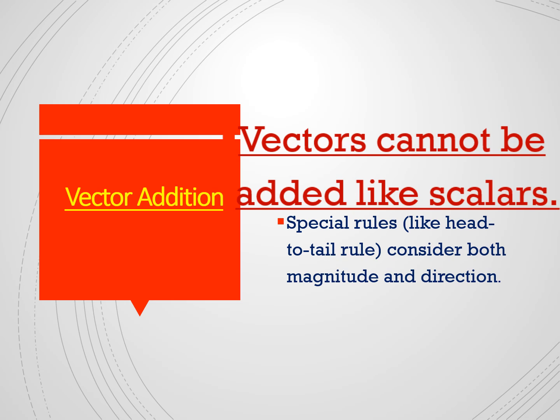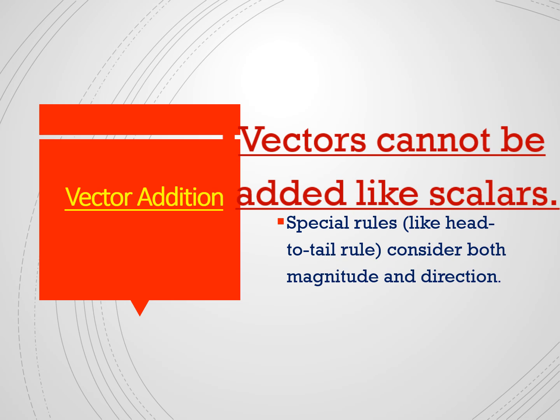And the usual arithmetic rules which you have studied in your previous classes only deal with magnitudes. They do not deal with directions. Since scalars only have the magnitudes, they can be applied over there. But in case of vectors, there is magnitude as well as direction, as you know.